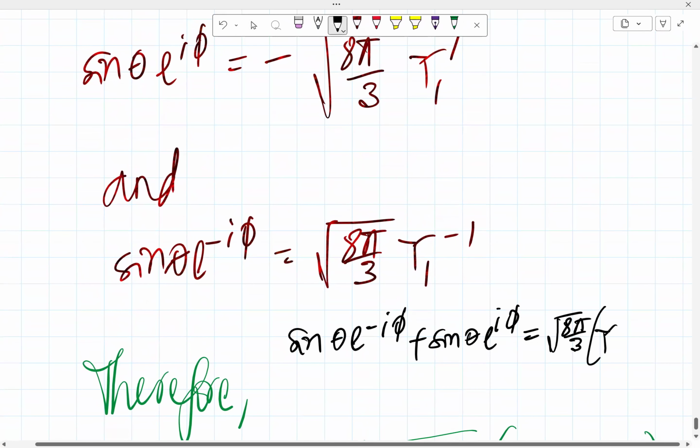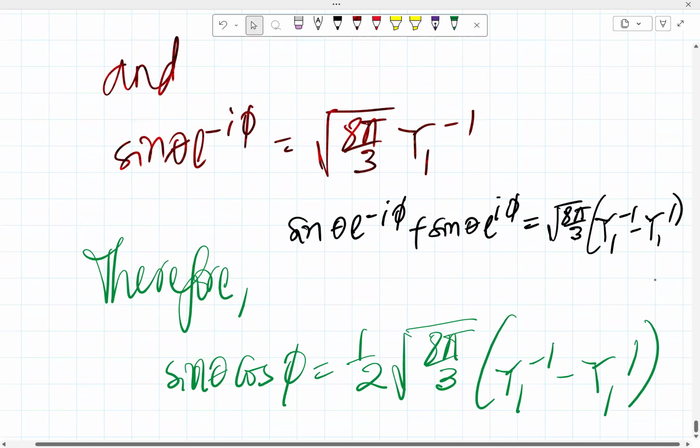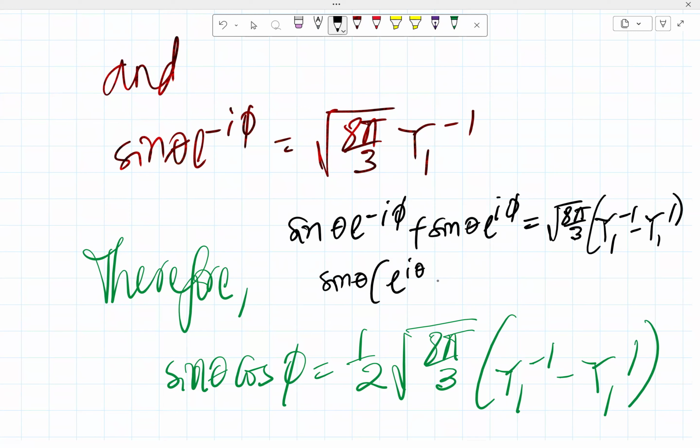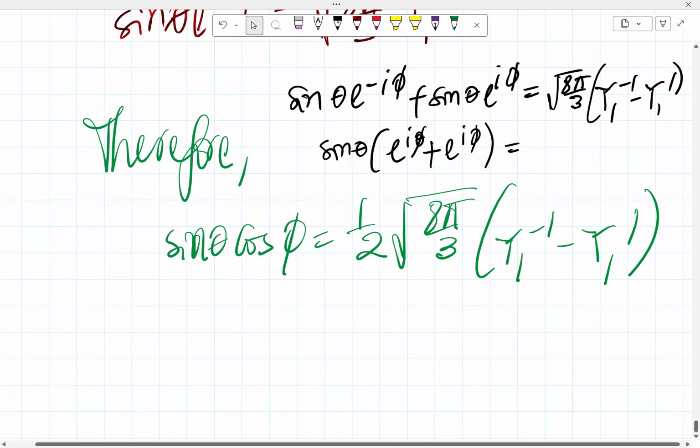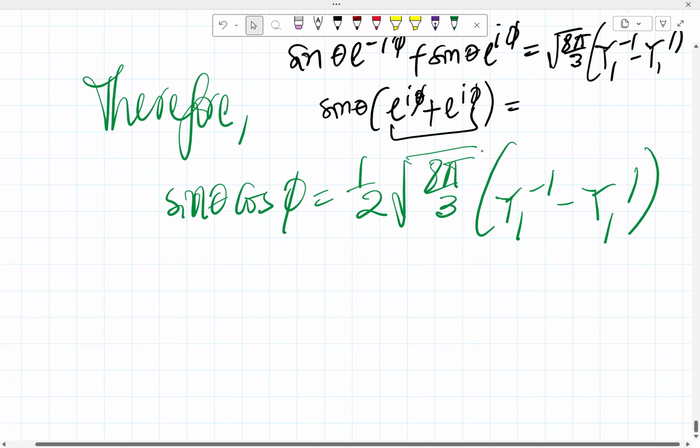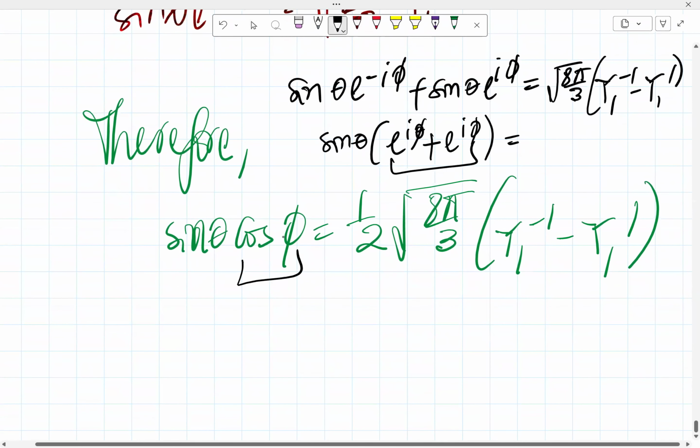So that's yi minus yi 1 up there. But see what's happening here. So this is sine theta into e raised power I phi plus e raised power minus I phi, equals all of that. But when it is all tidied up, you can see this becoming this cos phi you have here now.